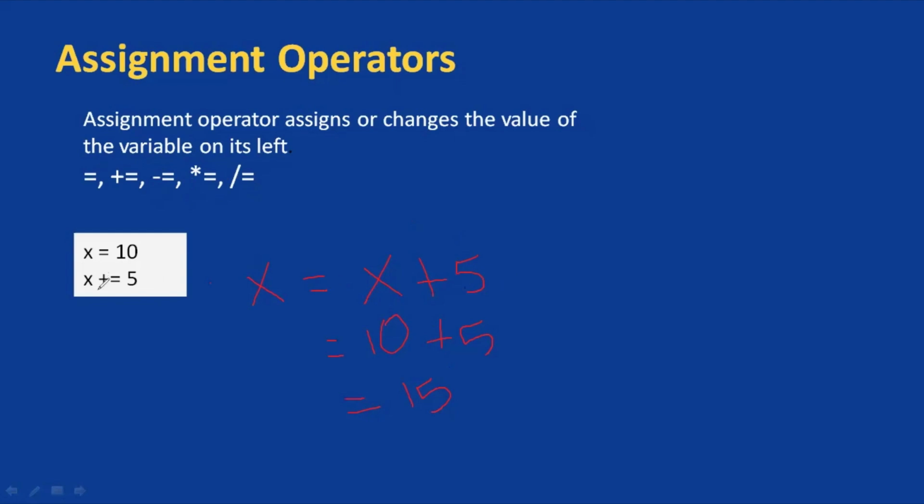Likewise, here I am giving x minus equal to 5, that means x is equal to x minus 5. So here we have 10. 10 minus 5 becomes 5. The answer will be 5 if we are using this assignment operator. I hope it's clear.